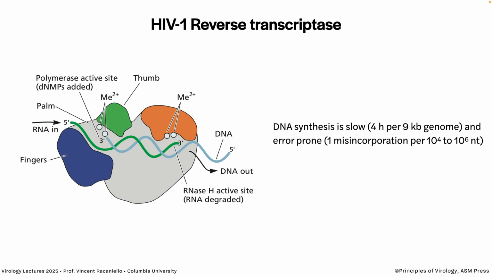So now you have a duplex flowing across the surface of the enzyme, and then it passes the RNase H site, which also has 2 aspartates coordinating 2 metals. So even though it's degrading the RNA, it's by a reverse mechanism using 2 metals. And then out comes single-stranded DNA. So it is beautifully designed. So you make the DNA in one end, and then at the other you degrade the RNA.